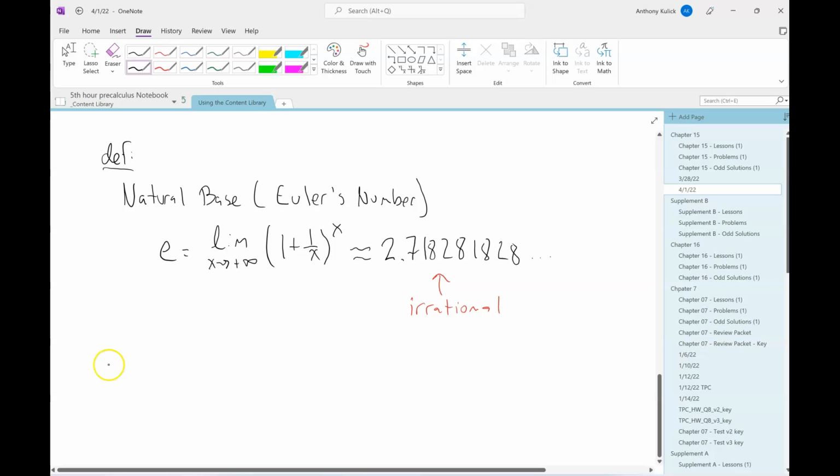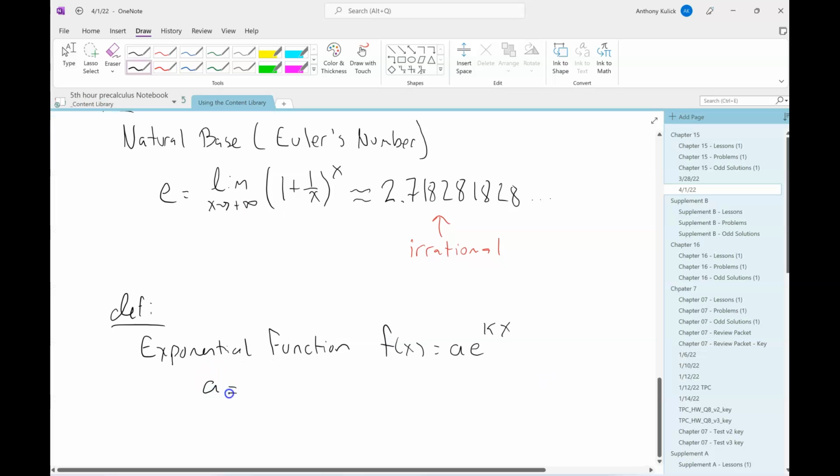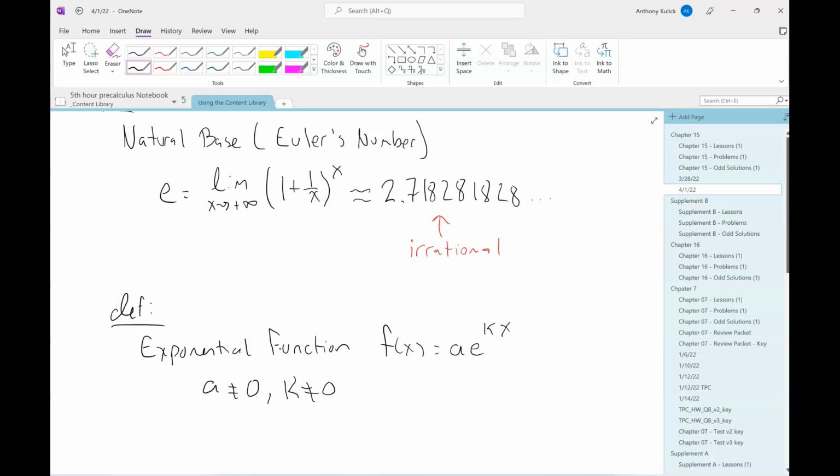So, what this allows us to do is give us another way to represent an exponential function. So another way we can write an exponential function is a times e to the kx, where a and k are non-zero.